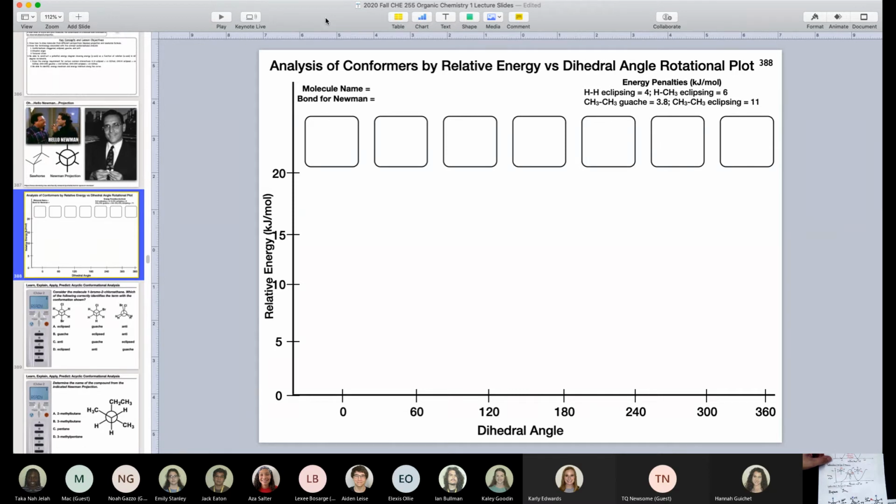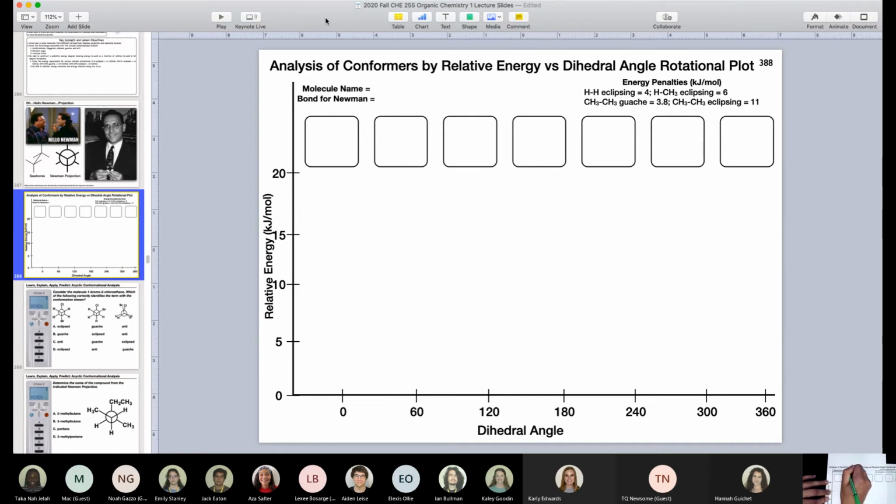Any questions before we do? We're going to do butane, and we're going to see that the plot for butane is different because the bond that we look down is going to have a new interaction. So maybe I'll just draw this right on the rotational plot here so we're not repeating things too much.